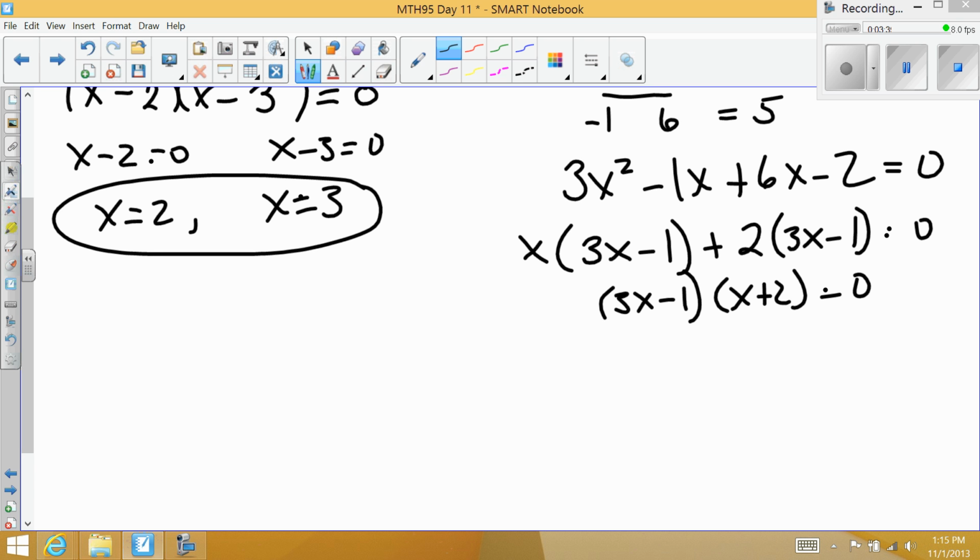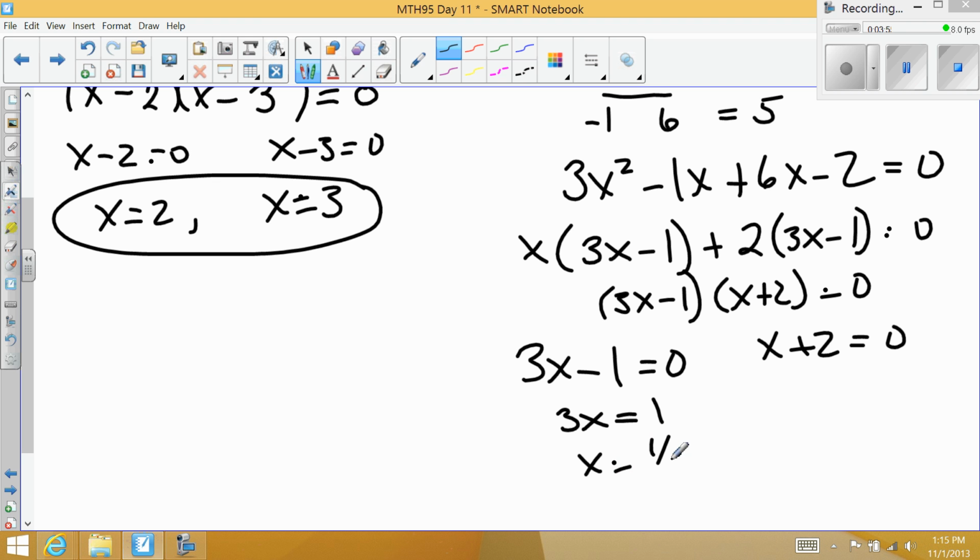Your choice, however you like to factor. But once we have it factored, we're now going this extra step. We're setting each of the two factors equal to 0, and then we can solve each of these for x. So I'm getting x equals 1/3 and x equals negative 2.